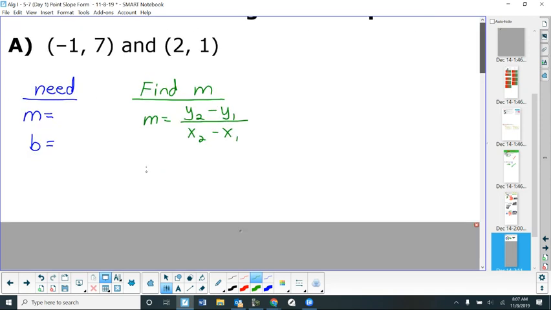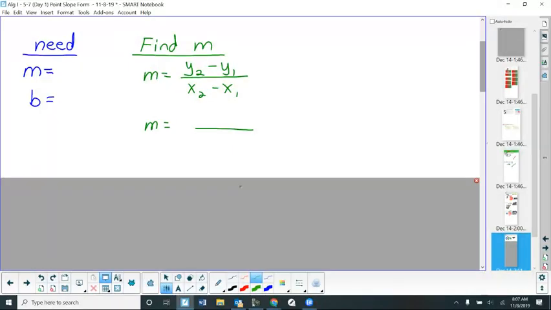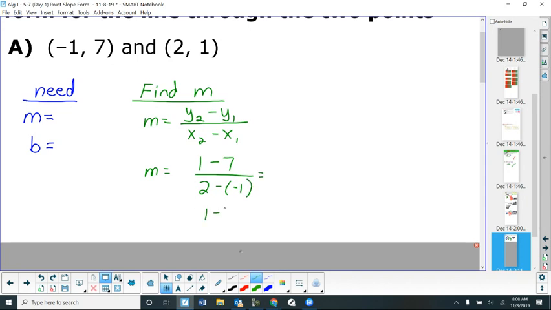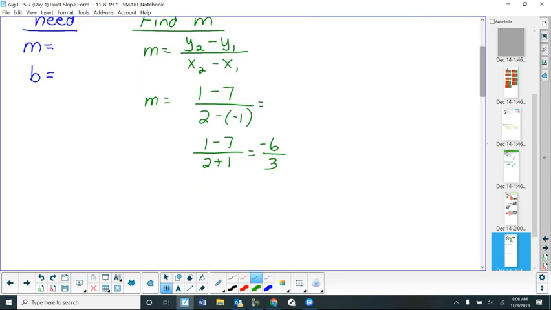We plug in 1 minus 7 over 2 minus -1, which is really 2 plus 1. So it's 1 minus 7 over 2 plus 1. What's 1 minus 7? -6, over 3. And what is -6 over 3? -2. So my slope is -2.